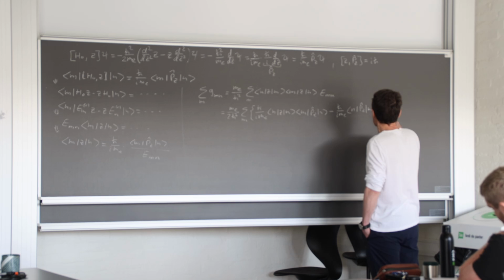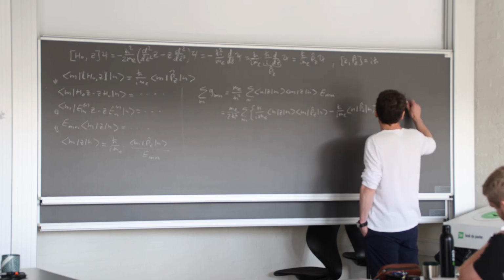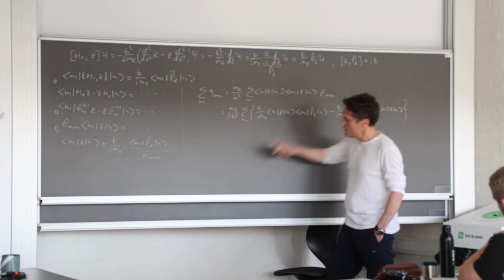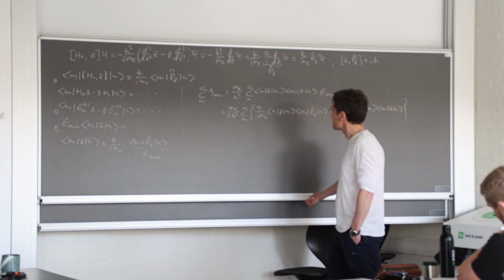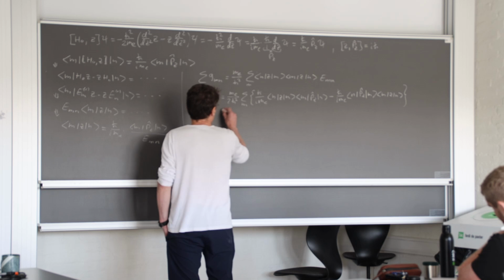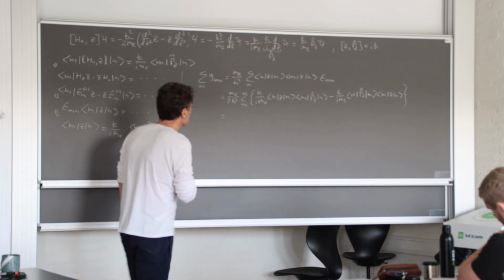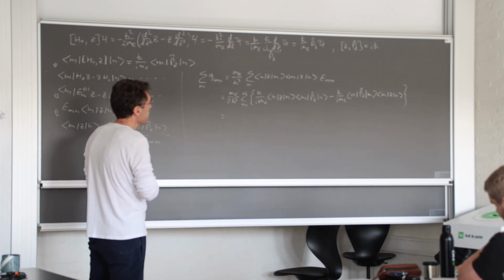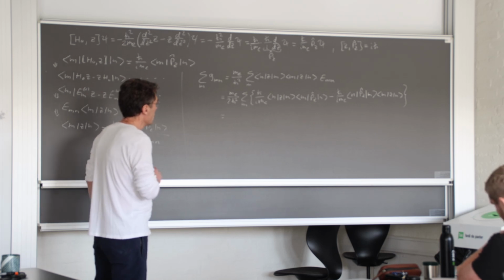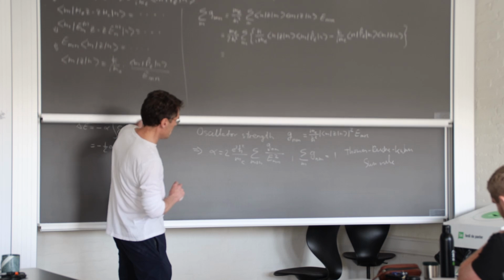This one is left, m z n, and again this is cancelled by that factor there. So now you see that I'm starting to get something that looks reasonable.